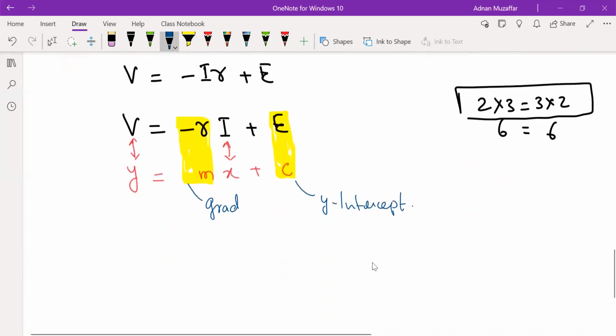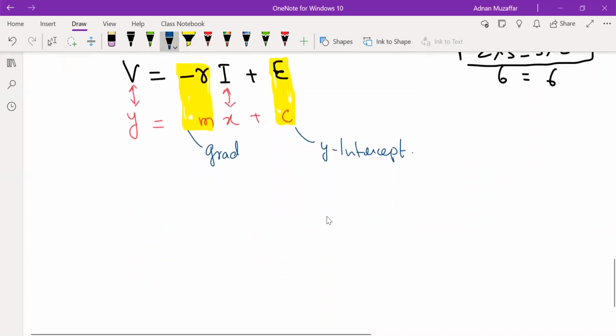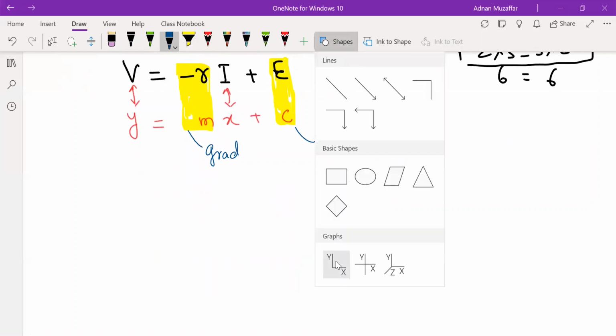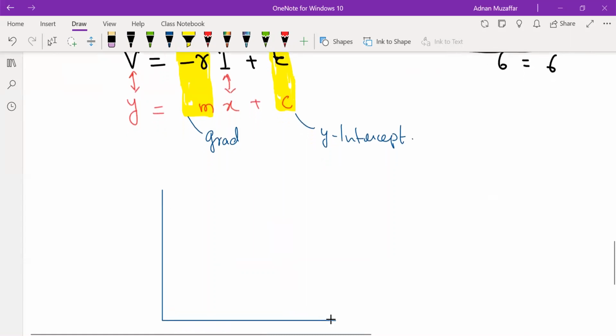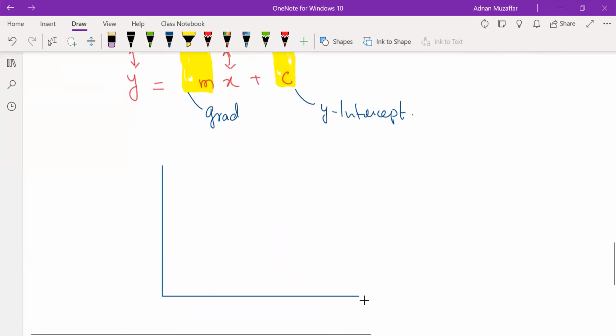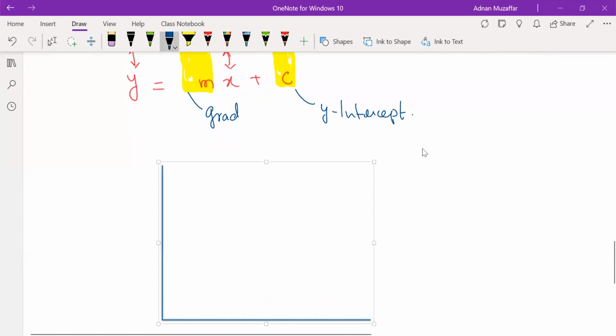Okay, what will be the shape of the graph? Can anyone suggest what should be the shape of the graph? Straight line cutting through the y-axis. Straight line going down or up? It will go down because the gradient is negative. Gradient is negative, very good. So it should be a straight line. For example, this is the voltage axis and this is the current axis.